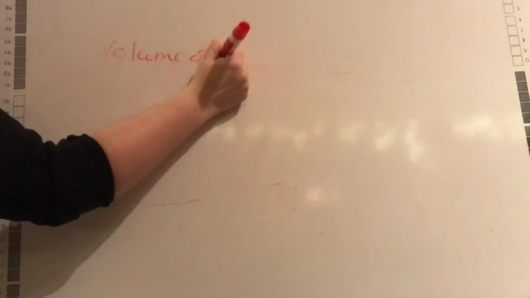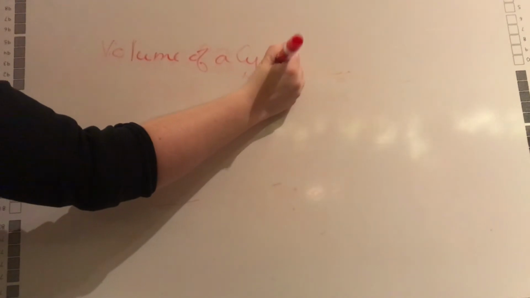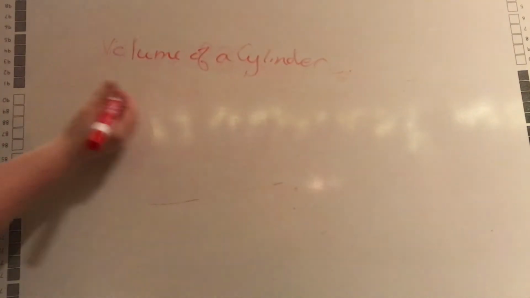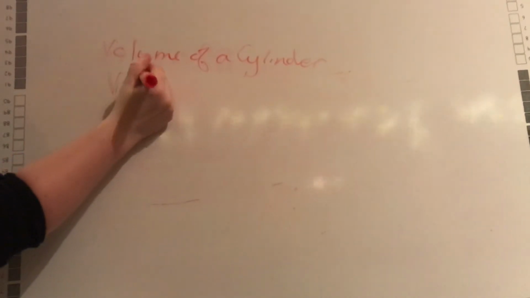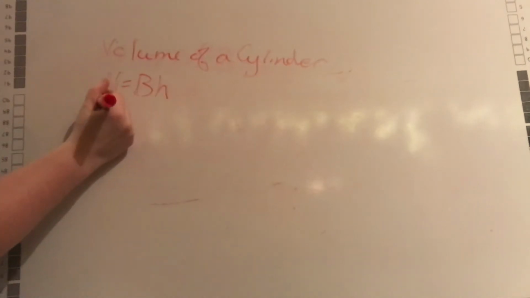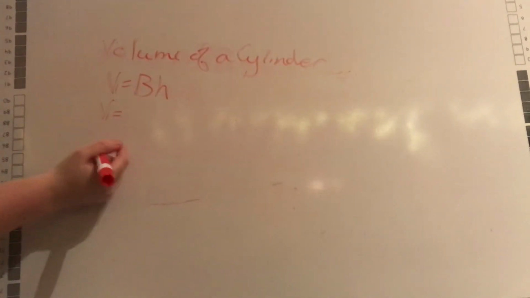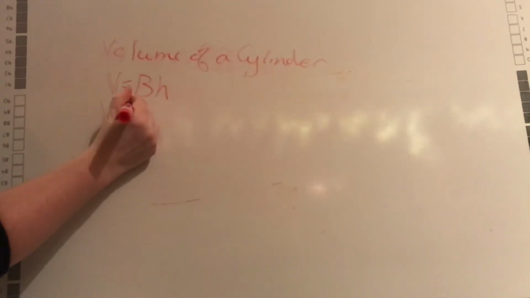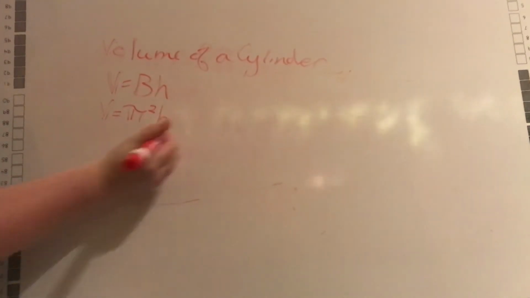So volume is going to be base times height. Or you can rewrite it as the area of a circle, which is pi r squared, times height.